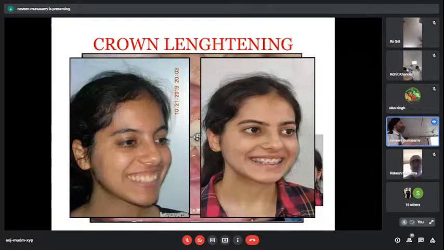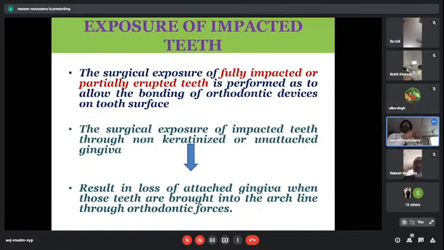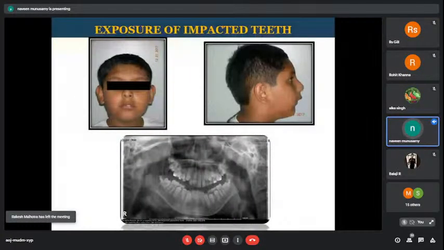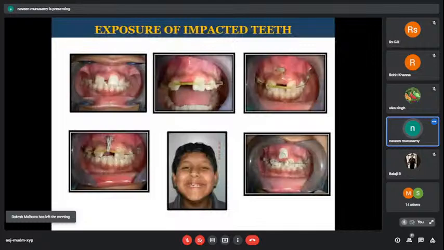Okay, now another situation as an orthodontist we come across is the exposure of impacted teeth. See, I am telling you all these cases so that you feel it is so simple if you have a gadget lying along with you. So in cases where there is a stubborn tooth which is not opening up, like in this case, there was a lateral incisor, we started opening up the space.